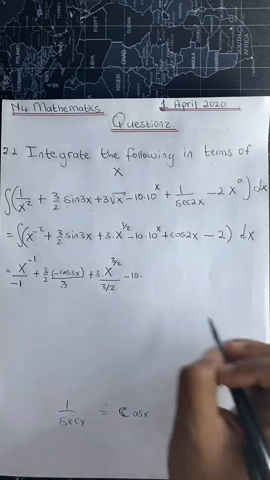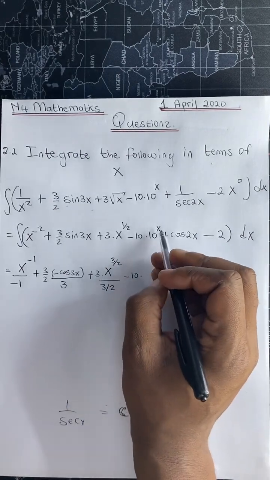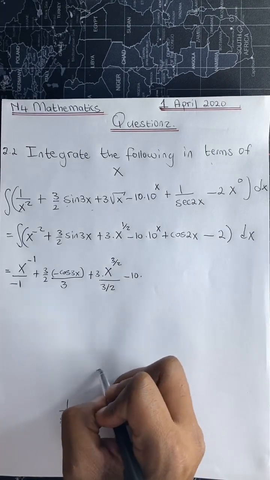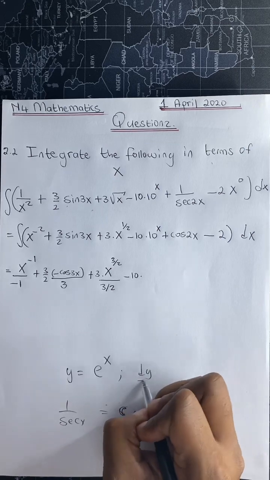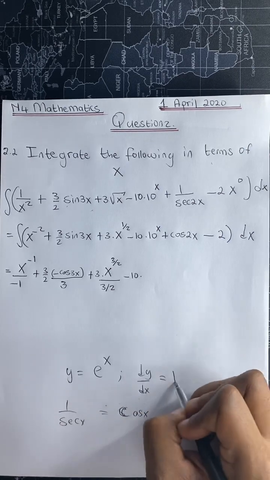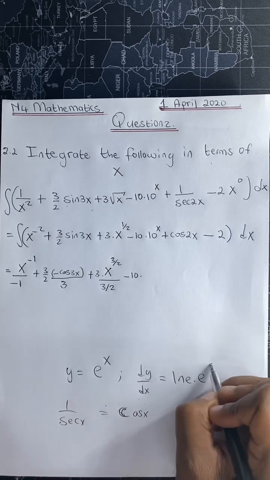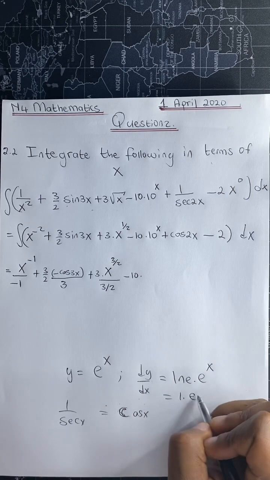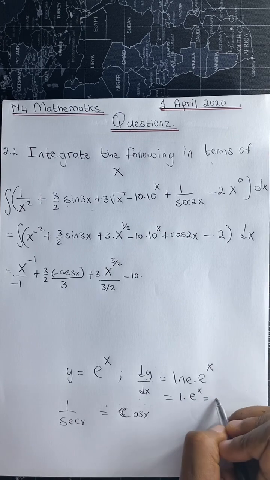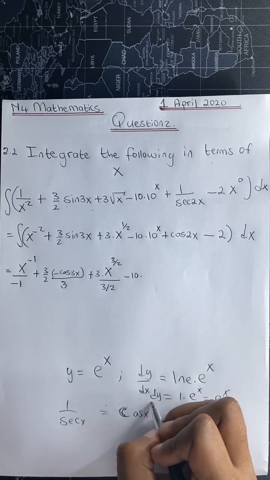Minus 10 multiplied by the integral of 10 raised to the power x. If we had e raised to the power x, the derivative of this would be ln of e multiplied by e raised to the power x, but ln of e is equal to 1, so 1 multiplied by e to the power x will be equal to e to the power x.